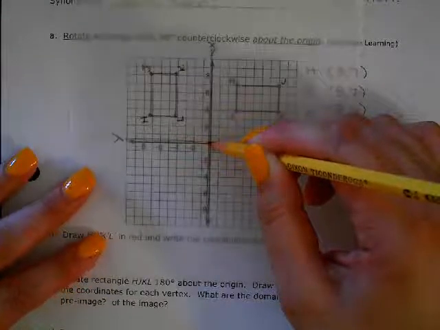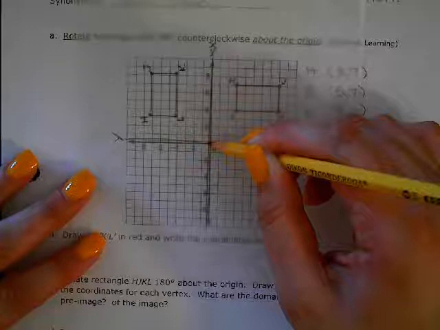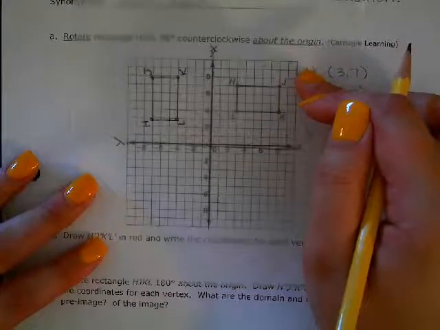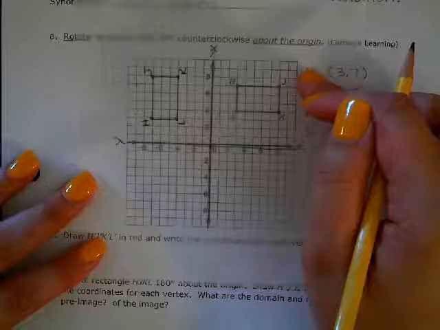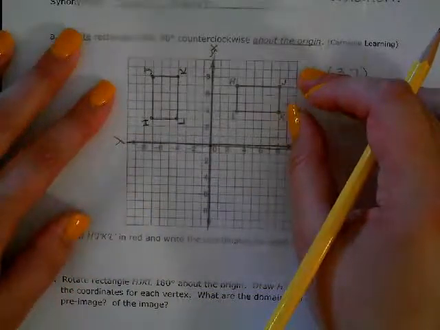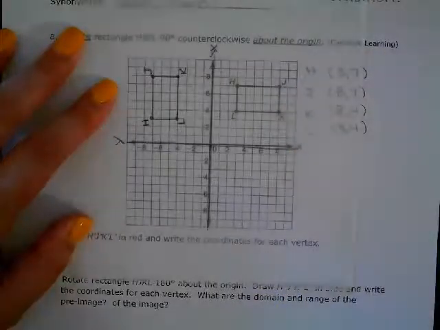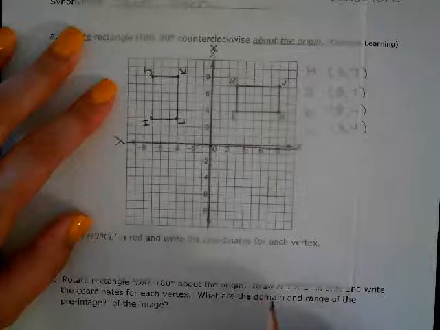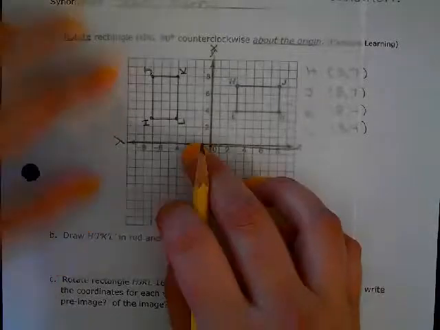I'm going to make it so it lines up, and I lined up my points so that they were on corners. Okay? All right, so now that my points are lined up, go ahead and make your spin.